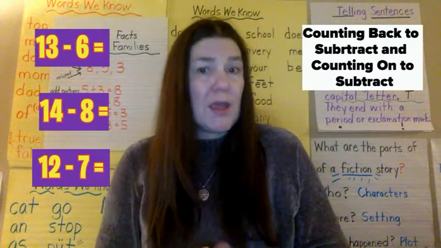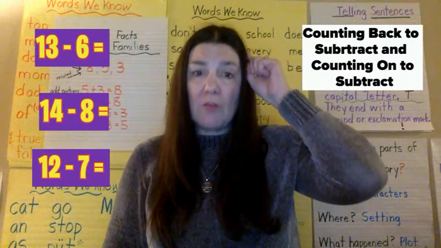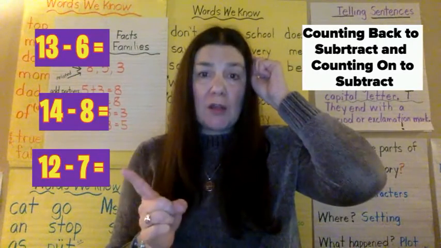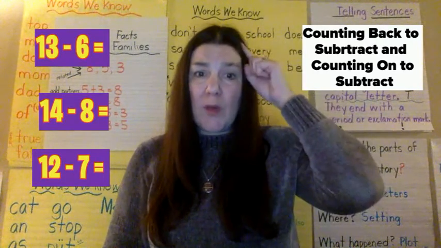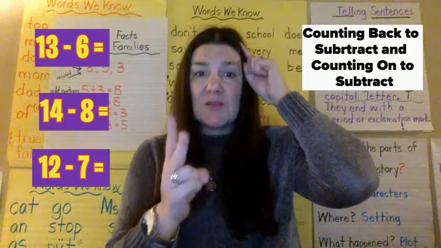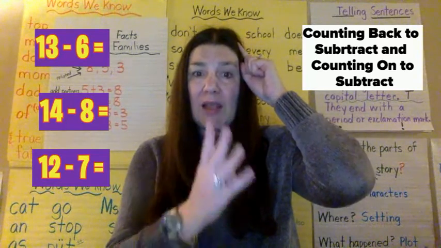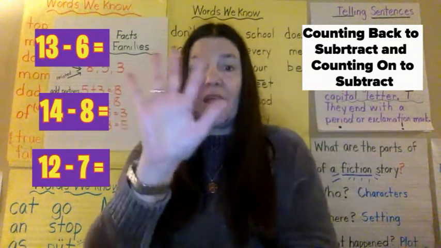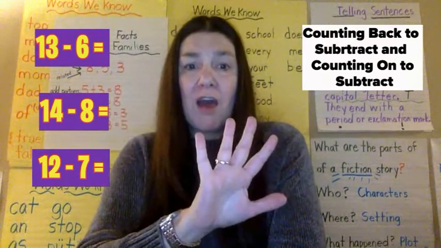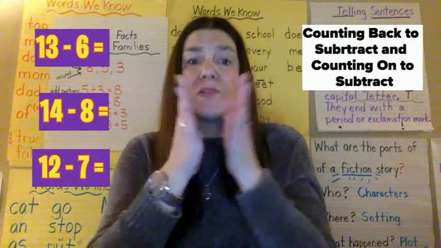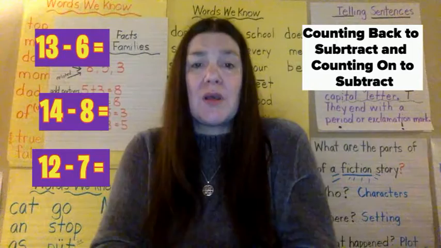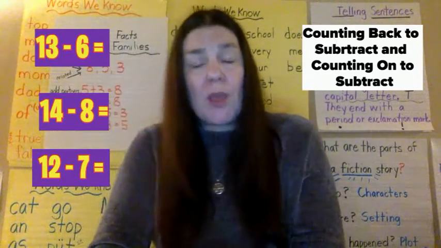Let me do it again. I think the 12, and then I start counting backwards from there. So I think 12, 11, 10, 9, 8, 7, and I get 5. And that's the space between those numbers. That is what you do when you count back.